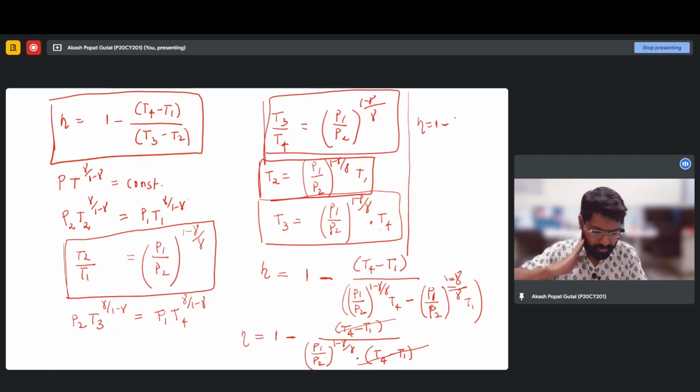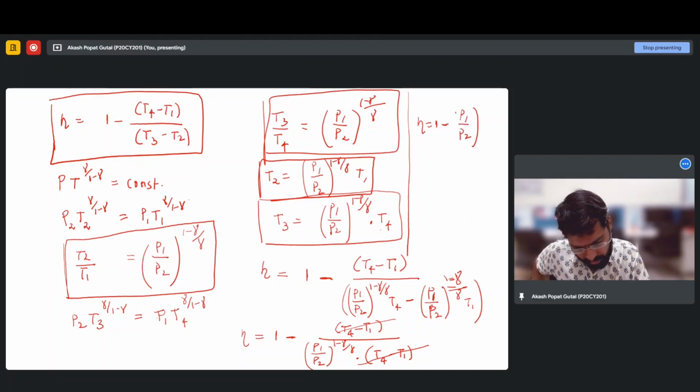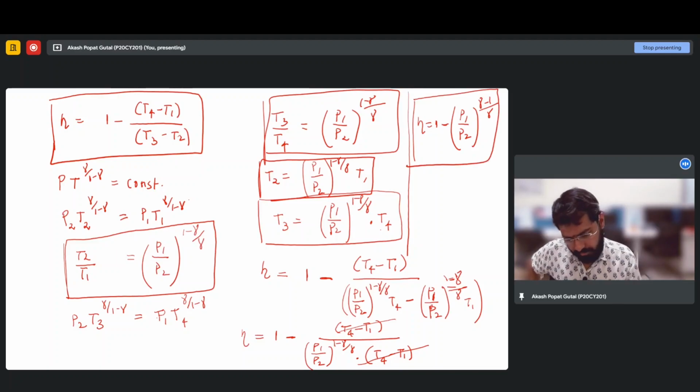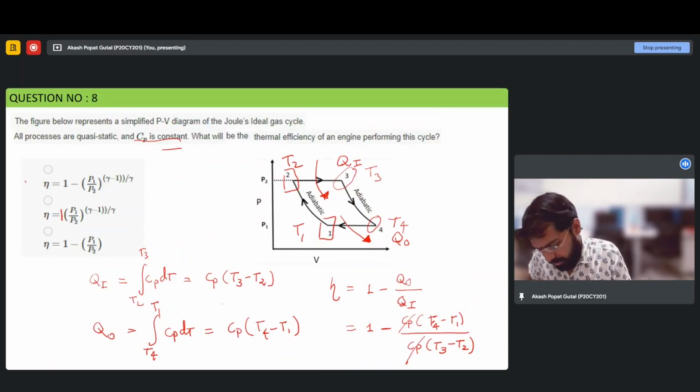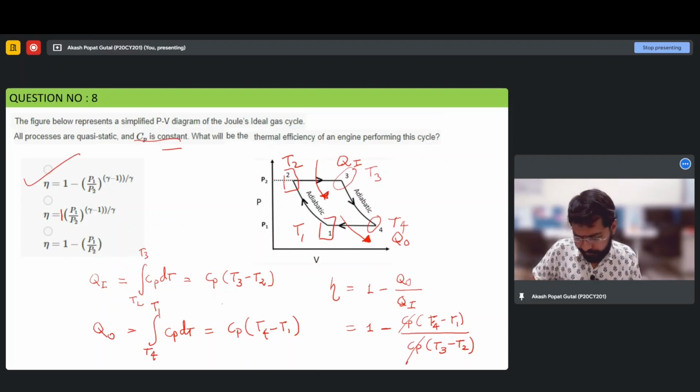If you take it upwards, in the numerator, we can change the sign of 1 minus gamma, which is nothing but P1 by P2 raised to gamma minus 1 upon gamma. This will be the answer. So the answer will be 1 minus P1 by P2 raised to gamma minus 1 by gamma. The answer is option number A.